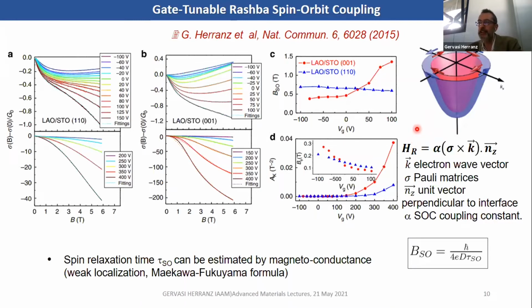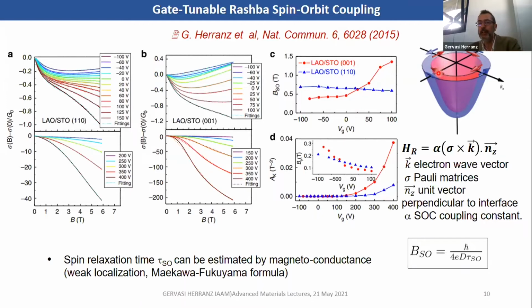a quite asymmetric system, a non-centrosymmetric system like this quantum well, where there is an asymmetry due to the confinement of electrons at the interface, you have that in the reciprocal space there is a splitting of the Fermi contours depending on the spin direction. So basically, there is a momentum dependence of spins.